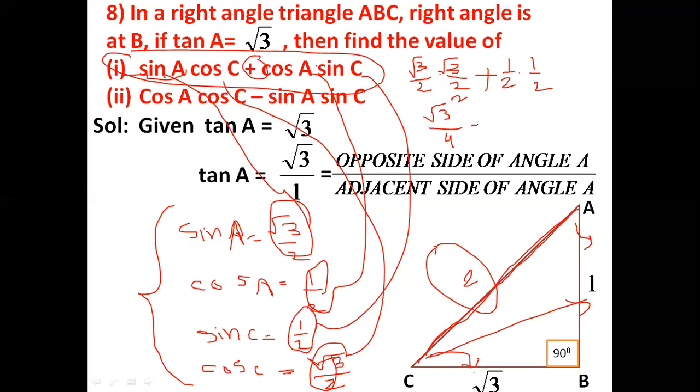Plus 1 into 1 is 1, by 2 into 2, 2 square, that is 4. Here the square root gets cancelled. 3 by 4 plus 1 by 4. Now what is the LCM here? Denominators are the same, so directly write 4 and add the numerators. 3 plus 1 means 4. 4 by 4 is equal to 1. You get the answer 1.